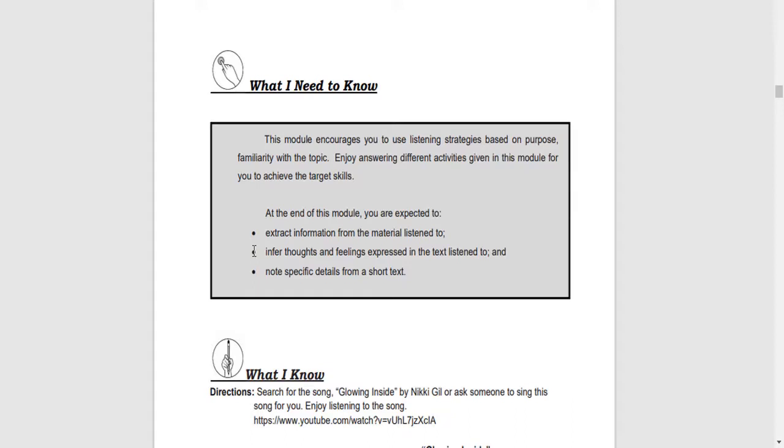So you will explain your idea, your opinion, and your feelings based on the thing that you listen to. And number 3, note specific details from a short text. So all you need to do is to get the necessary or important details from the text that you will be reading.